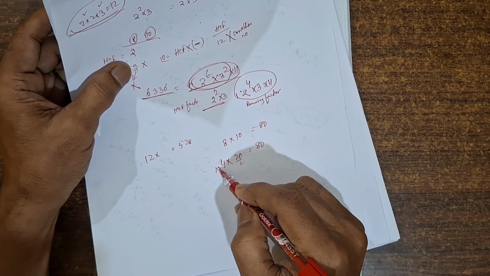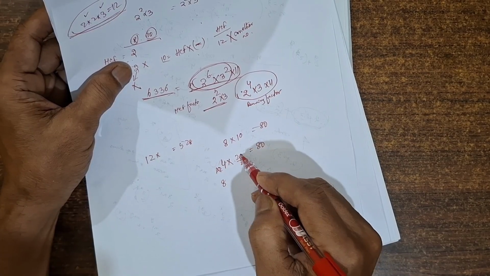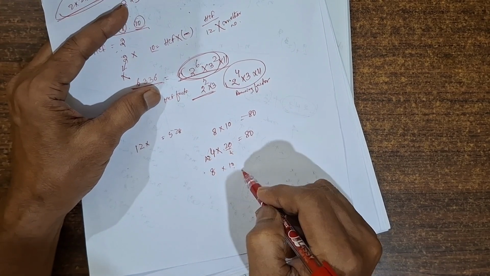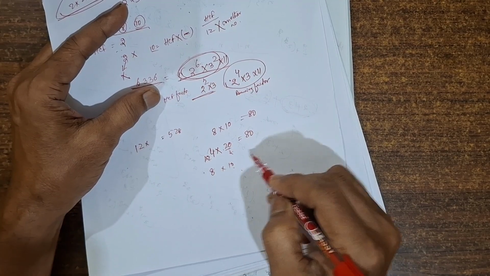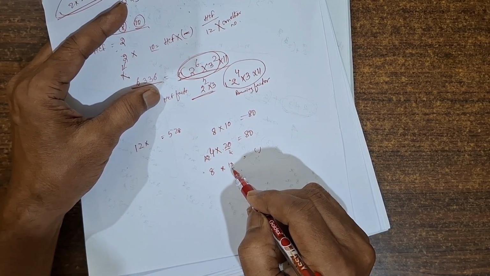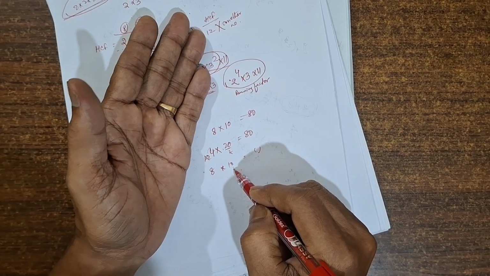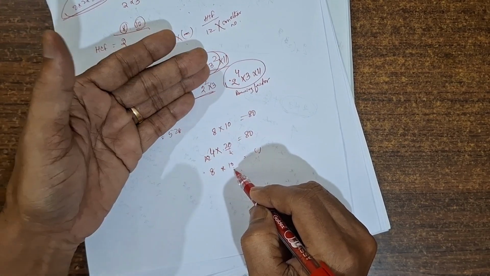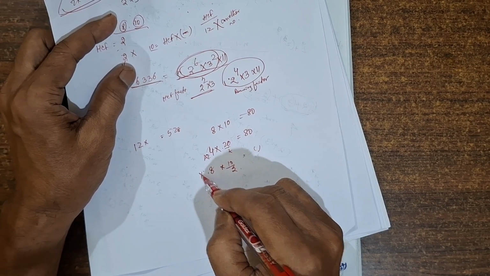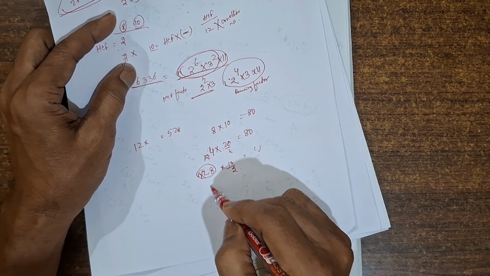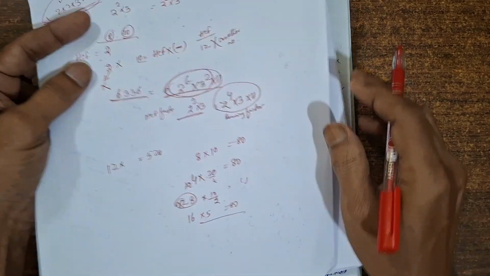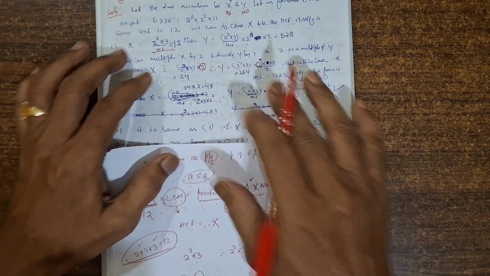Again, if you multiply 2 here, you divide 2 there, because multiplication gives a result. If you divide one number by one factor, you have to multiply the other by the same factor. Then 16 into 5 is equal to again 80. This process is applied here.